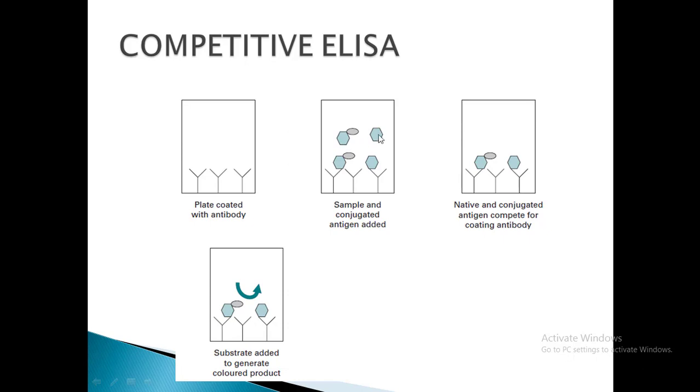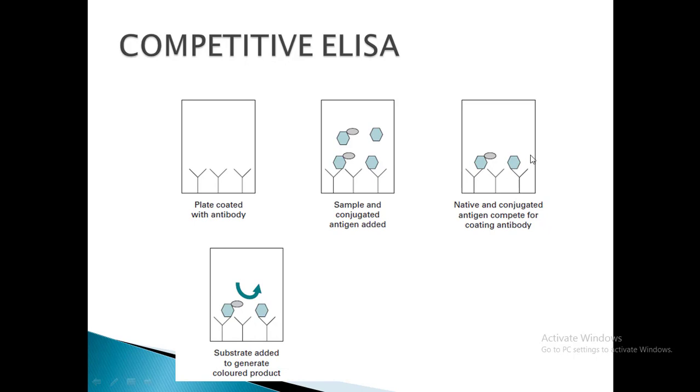Both of these antigens are the same for this antibody, but the difference is one antigen is labeled and already available, and the other antigen will be present in the patient serum. There is a competition between the labeled antigen and the unlabeled antigen. Both will bind to the common antibody in the microtiter plate.